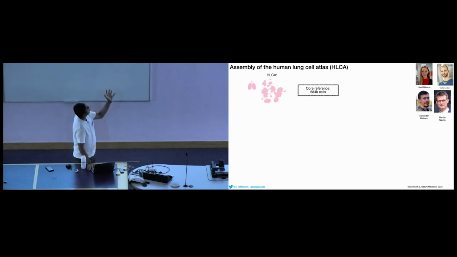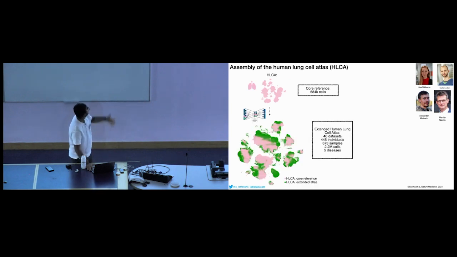They started from a core reference where they integrated many data sets to build a reference with 500,000 cells, which they call the core HLCA, Human Lung Cell Atlas. Over 2 years, they iteratively updated this reference atlas using scArches. In the end, they extended it to 2.2 million cells across 445 different individuals and multiple diseases.